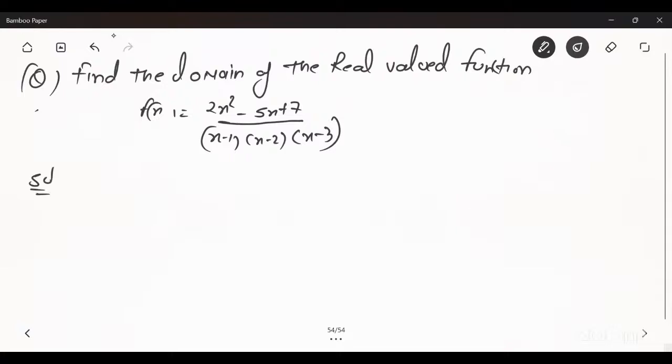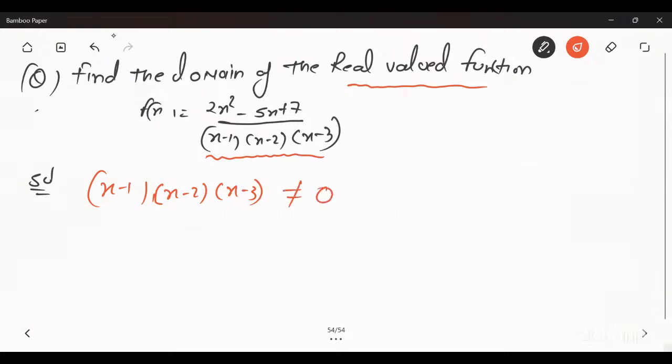Now see the solution. For the domain, the denominator of the function cannot be 0. If the function is a defined real valued function, the value of the denominator cannot be 0. So x minus 1, x minus 2, x minus 3 does not equal 0. If x minus 1 does not equal 0, then x does not equal 1, and if x minus 2 does not equal 0, then x does not equal 2.